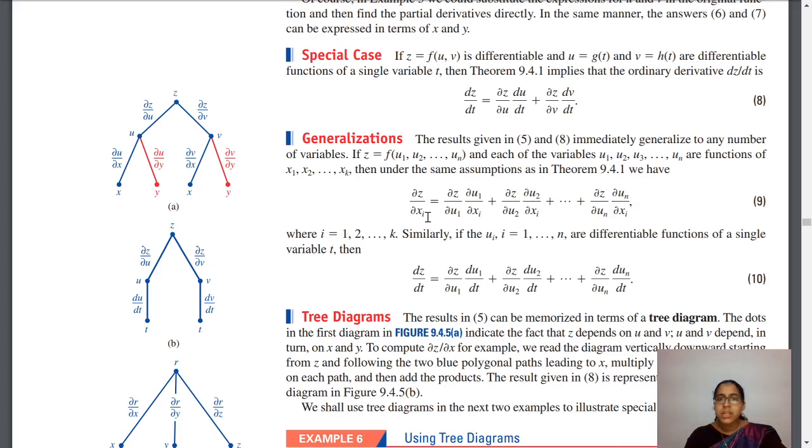Here they have given the general notation, that is ∂z/∂xi is ∂z/∂u1 into ∂u1/∂xi plus etc. ∂z/∂un into ∂un/∂xi.